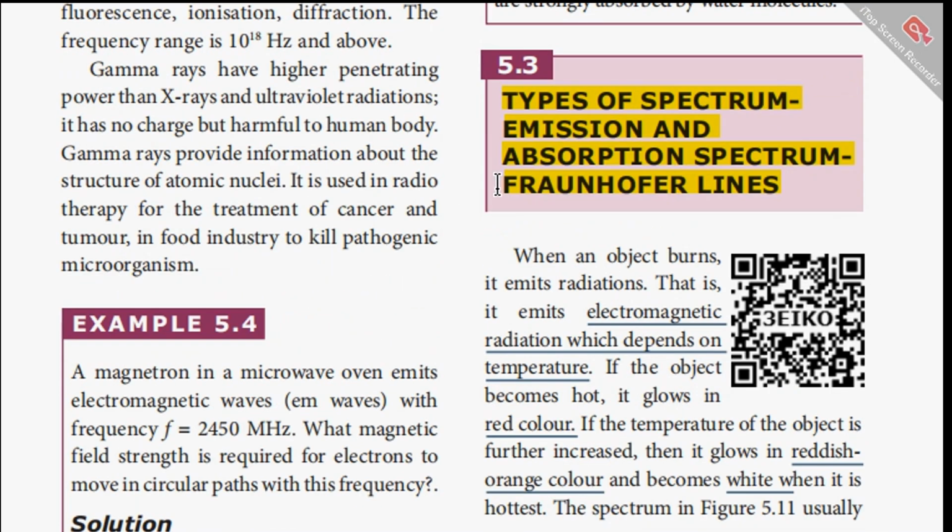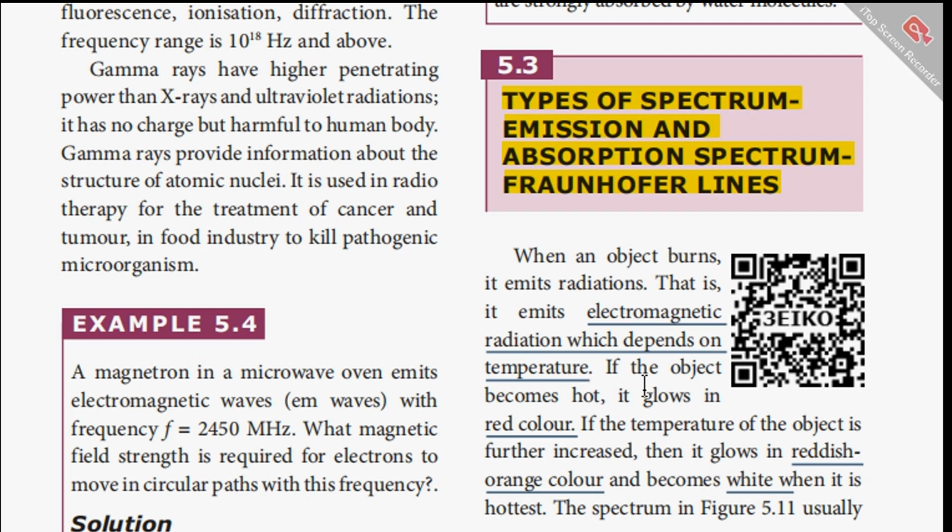How do we get the emission and absorption spectrum? Before that, we will see about the electromagnetic radiation from objects. When an object burns, it emits radiation. That is, it emits electromagnetic radiation which depends on the temperature of the body.